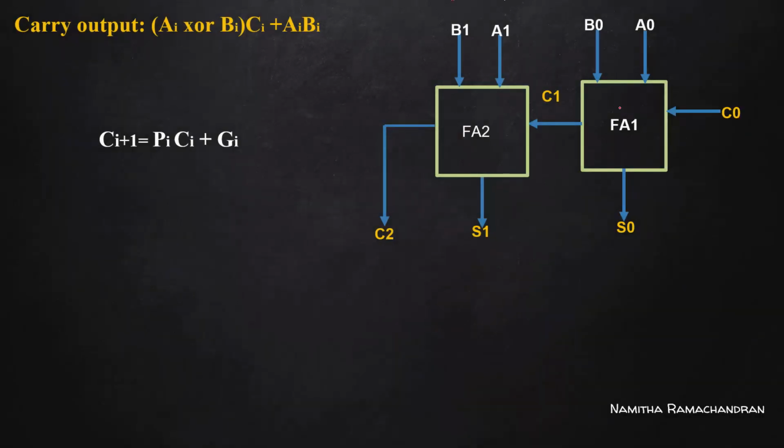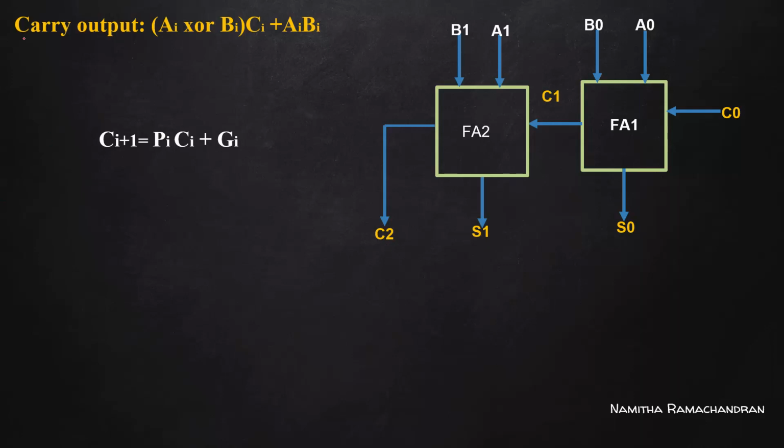So consider a 2-bit parallel adder. The initial carry input is considered as 0 and the first full adder binary inputs are taken as A0, B0, and the sum is represented as S0 here. The carry output of the first full adder is represented as C1. For the second full adder, inputs are A1, B1 and the carry from the previous full adder, that is C1, and the outputs are sum S1 and carry output C2.